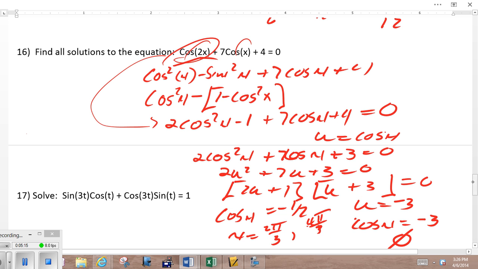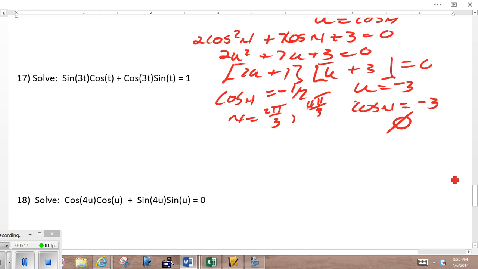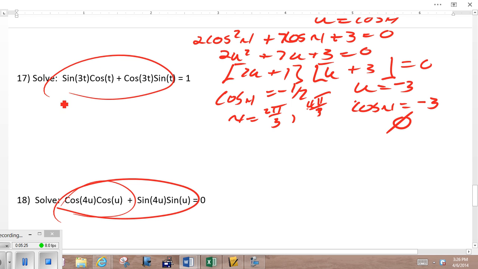All right, so what's the ticket with this? The ticket to these is recognizing that these will be collapsed. This is, of course, sine cosine plus cosine sine, which sounds like the sine of 3t plus t is equal to 1, which is the sine of 5t equals 1.